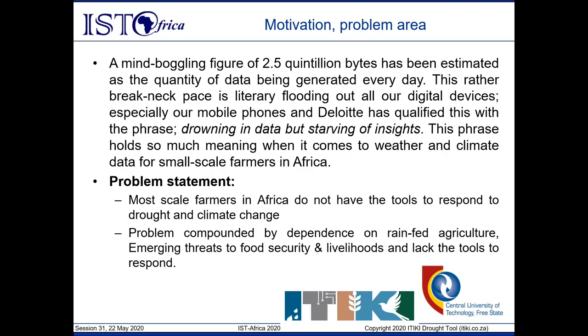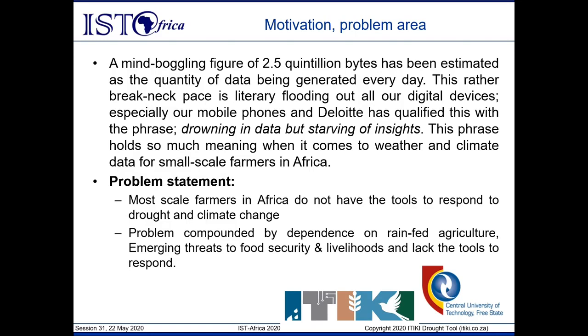So 2 problems here. First, the small-scale farmers do not have tools to respond to the current wave of climate change and droughts that happen to be extremely rampant in Africa.